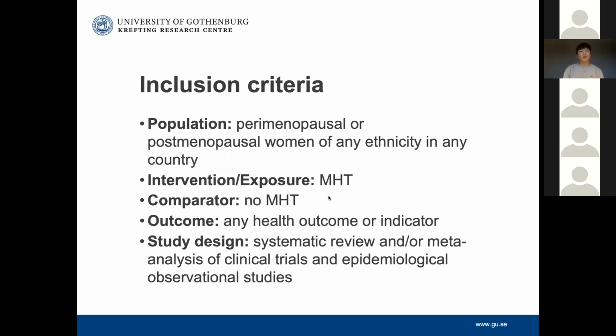And for the inclusion criteria, we are specifically interested in the effect of any menopausal hormone therapy compared to no use of menopausal hormone therapy on any health outcome or indicator.